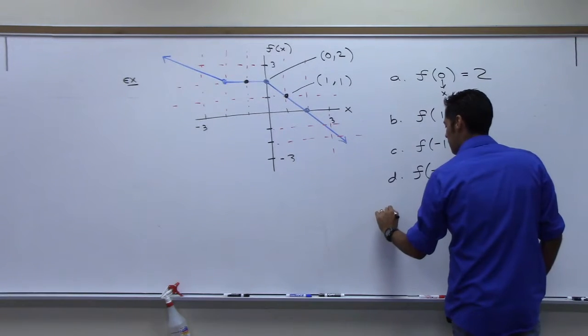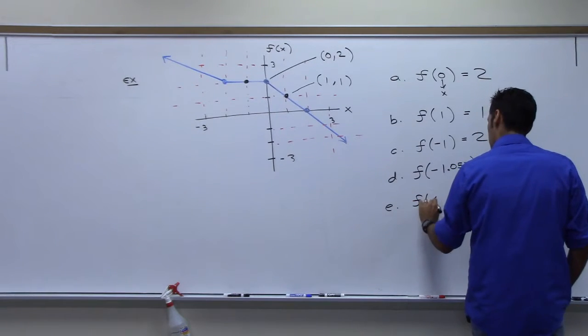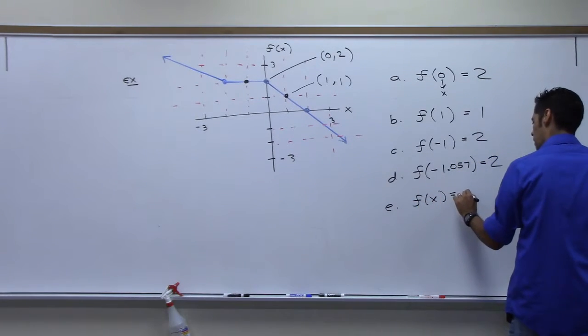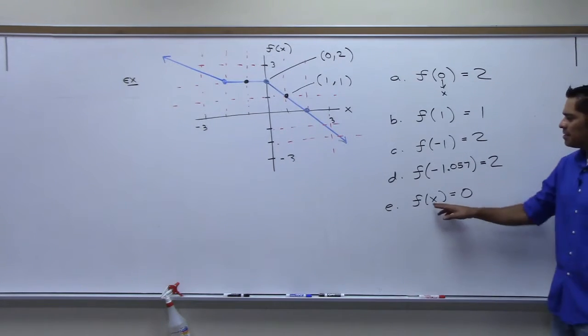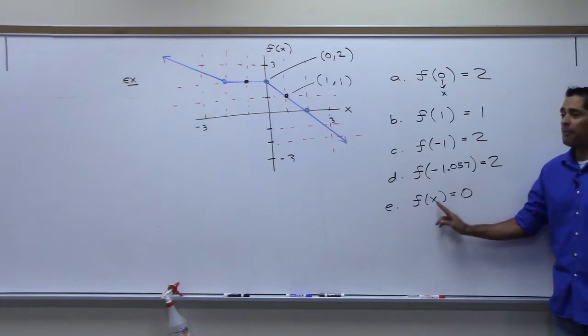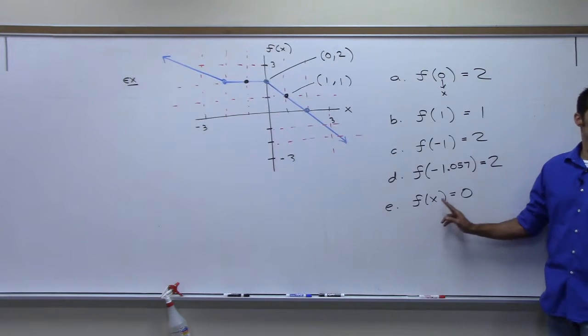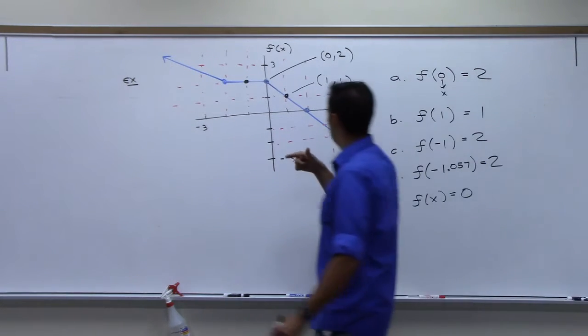What's that asking? Yeah, now they're saying when is the output 0? So you're asking for the x value that gives you an output of 0. So where is the output 0? At where? X is 2.